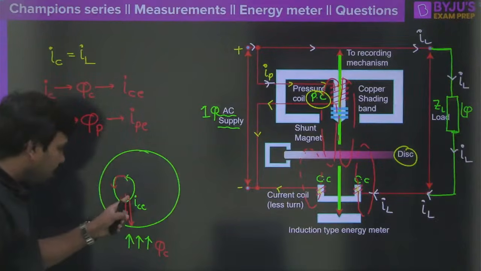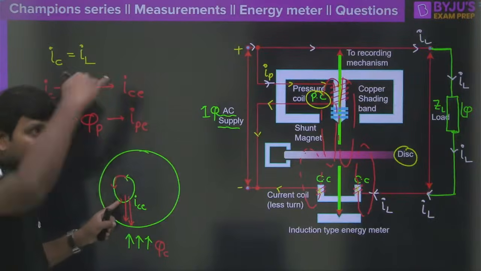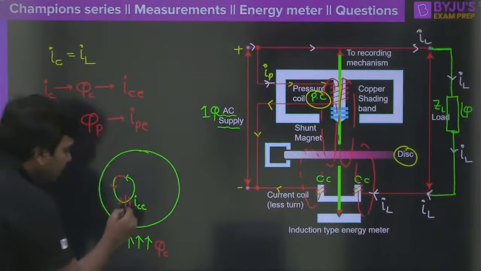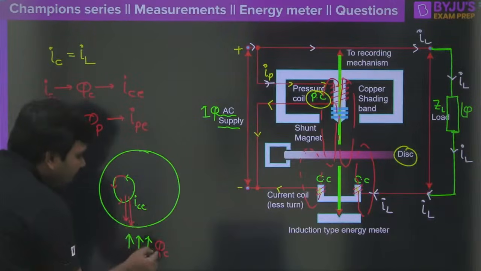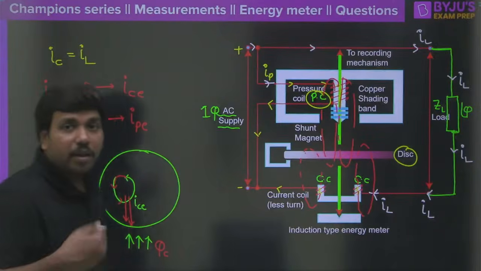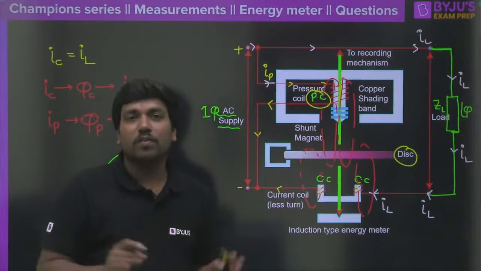At the same time, the eddy current introduced inside the disc will create magnetic flux opposite to the original flux here. Clear? So that means ICE will act in opposition to the flux created by the current coil. This is called Lenz's law, and the overall process is called induction.